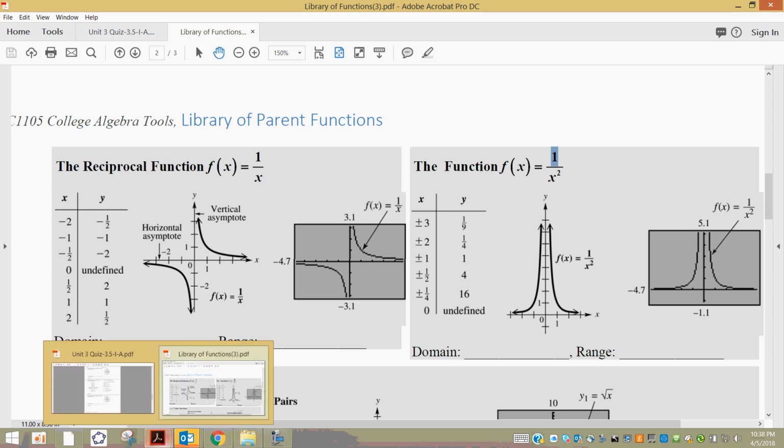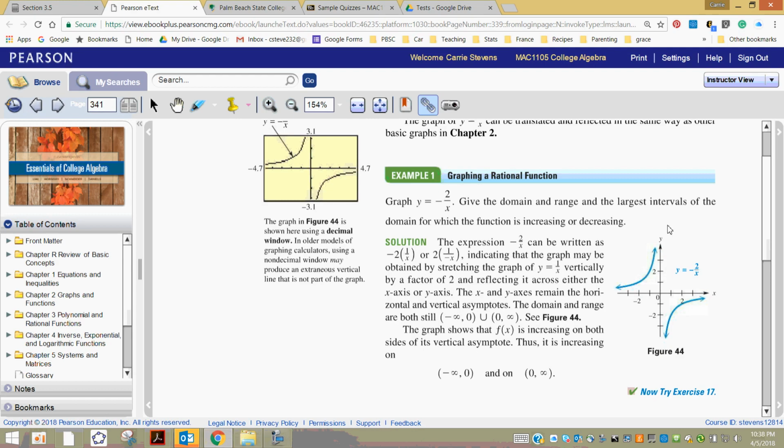When you put a negative in front, it flips across the y-axis. So it flipped upside down. Also, it's a little bit steeper. Notice that it's a little bit farther. There's more space in this region here underneath that curvy part, and also in here. And that's because the numerator is larger. So there's a vertical stretch on this.